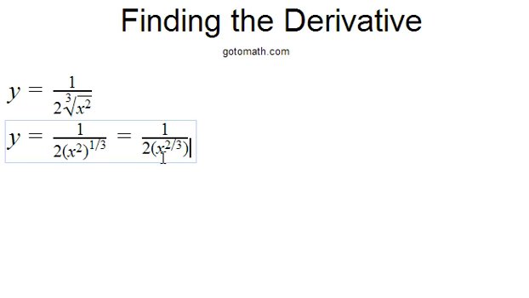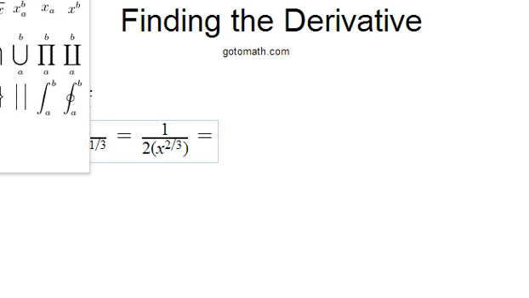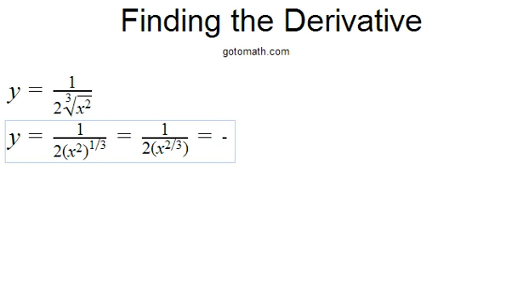Now, in order for us to take the derivative, I'm going to take this up into the numerator. We're still rewriting it. I'm also going to take the 1 and the 2, the half, and bring that out front.